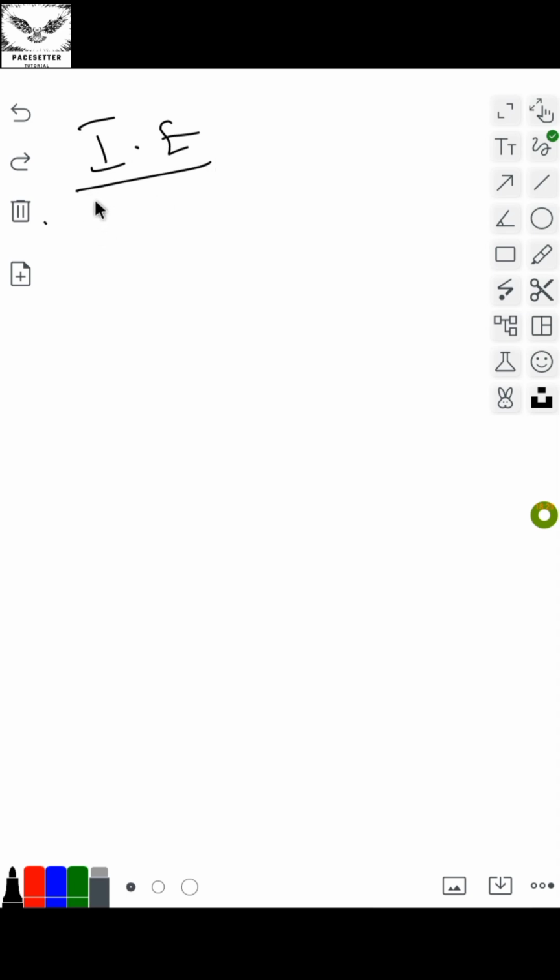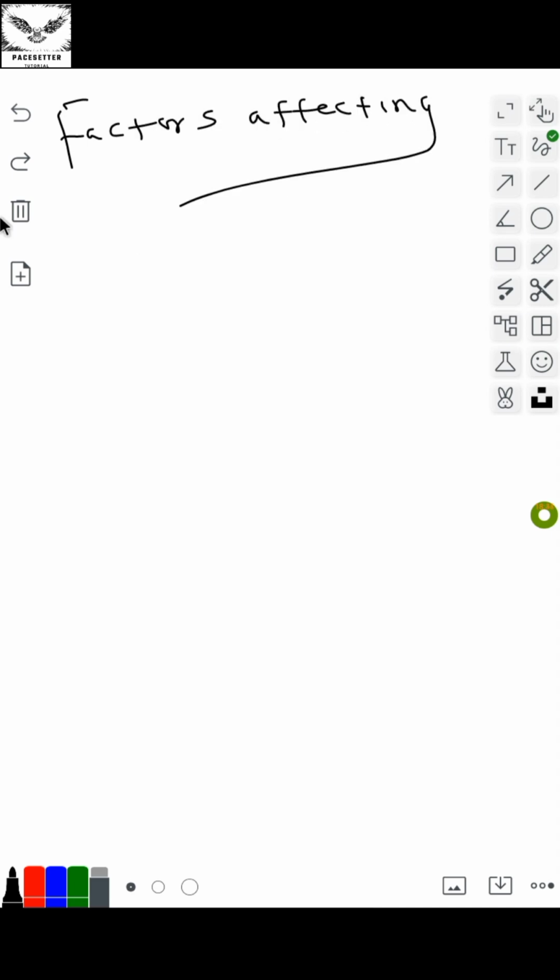So the next thing is factors affecting ionization energy. Let me write it quickly on the board. So what are the factors?